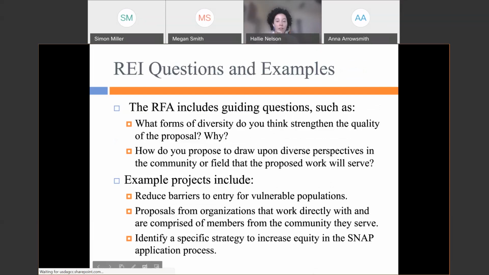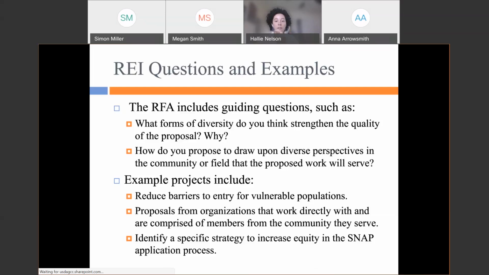This year's RFA includes extensive lists of guiding questions and project examples to help develop meaningful proposals. Some guiding questions include, what forms of diversity, such as racial, gender, cultural, citizenship status, linguistic, or other, do you think strengthen the quality of the proposal and why? Or, how do you propose to draw upon diverse perspectives in the community or field that the proposed work will serve?